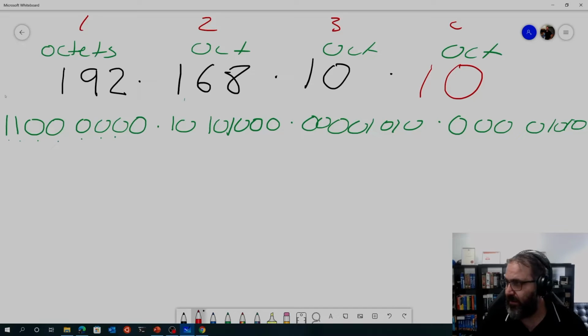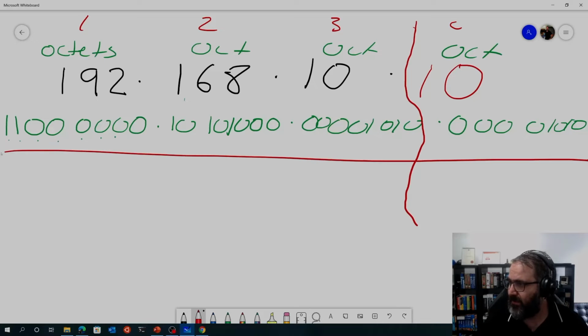Let me give you an example of it now. So we know that our host is like that. Let me divide that to make it as neat and tidy as I possibly can. Because of our last diagram 5-10 minutes ago, I know that the first part is the network and the last part is the host. So how many bits are in the host?